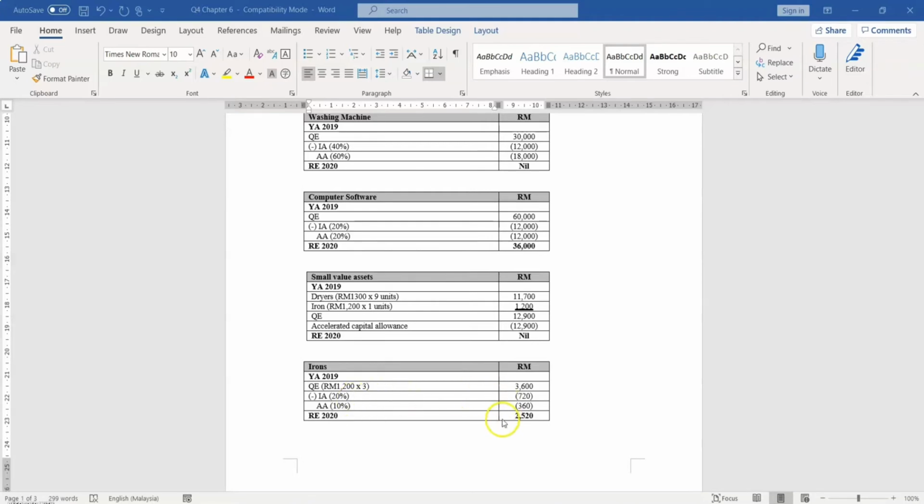So we get the residual expenditure 2,520.